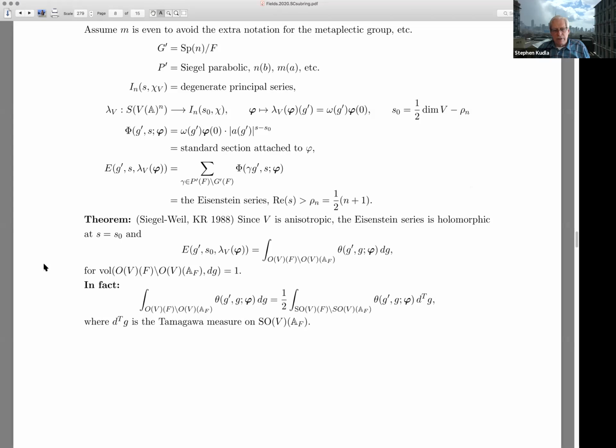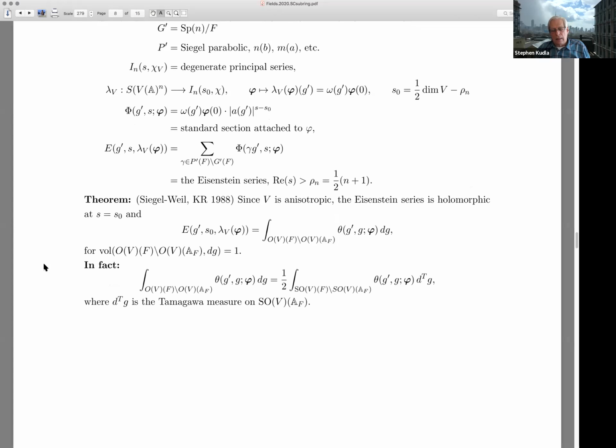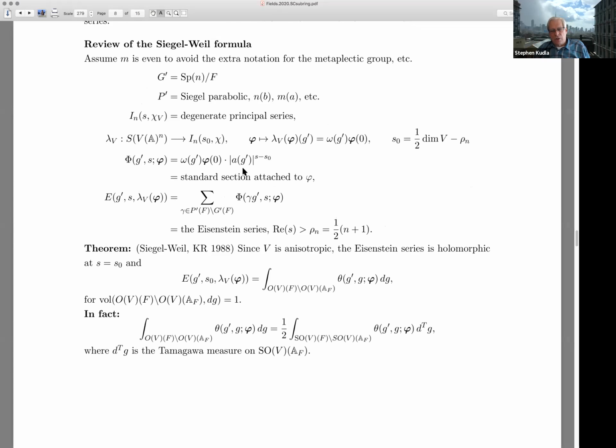And so the Siegel-Weil formula in this formulation, remember I'm assuming that V is anisotropic, and this is something I proved with Wallace in 1988. The Eisenstein series, now you see, I want to evaluate at s naught. And notice that at s naught, this extra bit here, which somehow doesn't only come from phi, is gone. This interpolation is gone.